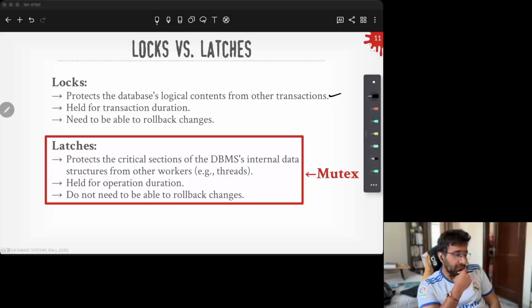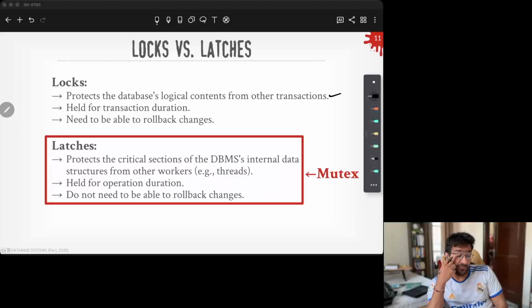If you're not getting the intuition behind it, the takeaway is that the lock protects just the logical structures like tables, tuples, rows and columns. But latches, let's talk about latches. A latch will protect physical data structures, and these are not for the transactions.